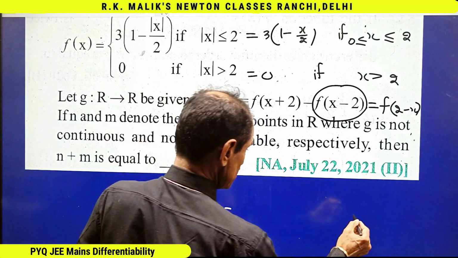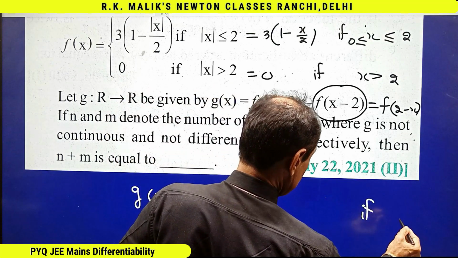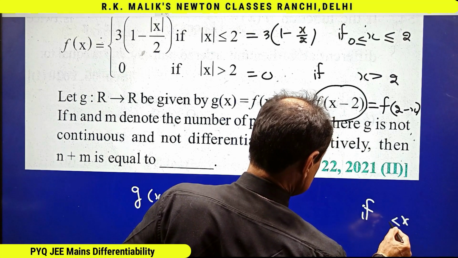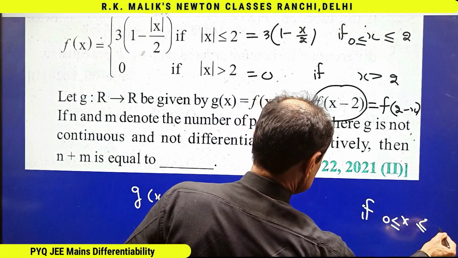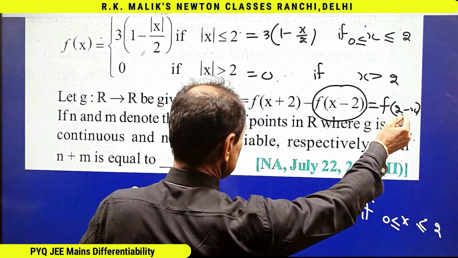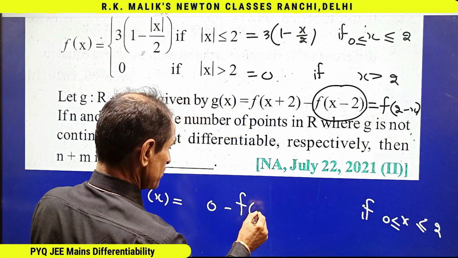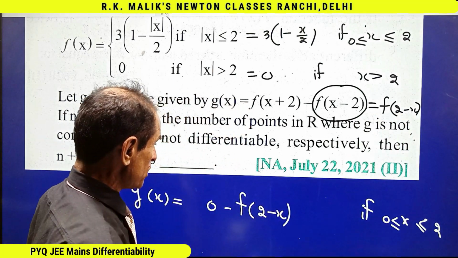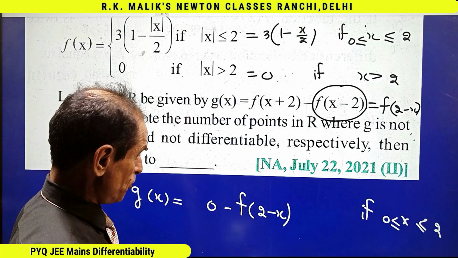Therefore, first case, if x lies between 0 and 2, instead of this, I will write f(2 minus x). 2 minus x is a positive number.